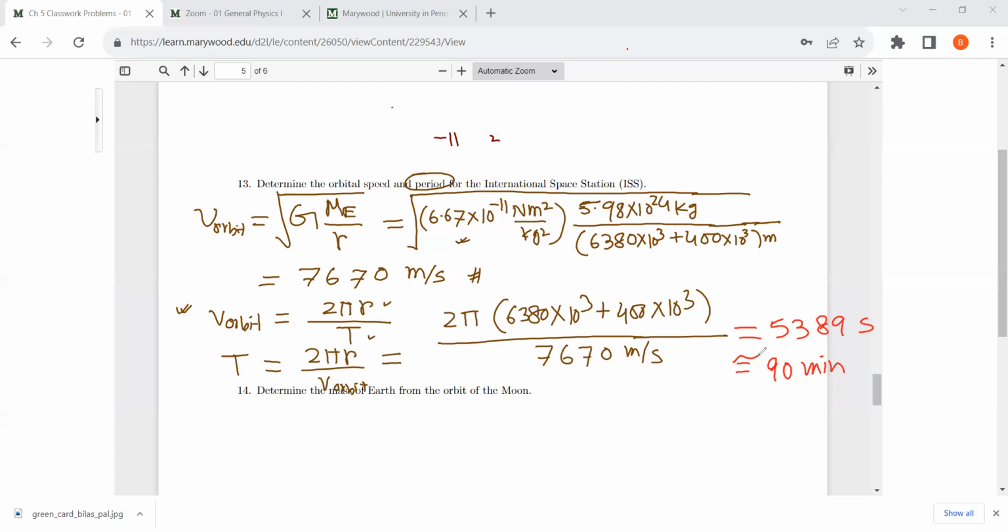I remember from an article that the International Space Station orbits our Earth 15 times in one day. So this simple equation basically shows this. The speed we calculated here is very close to the real speed of the International Space Station. All right, so we have two more problems.